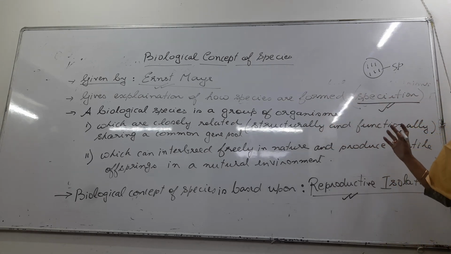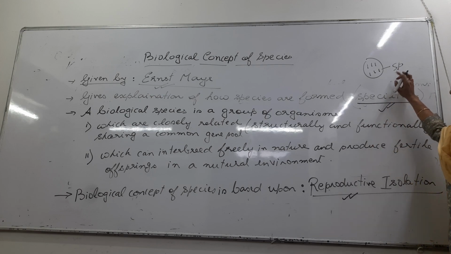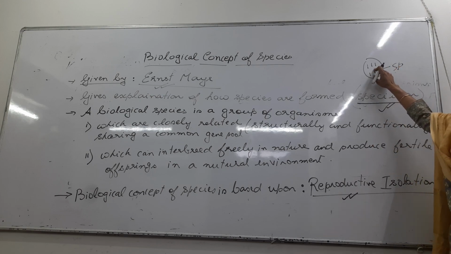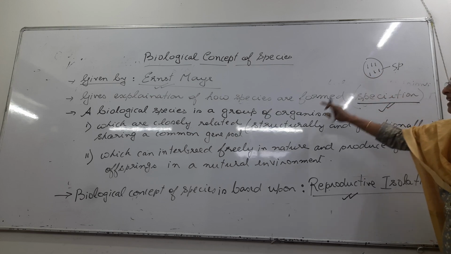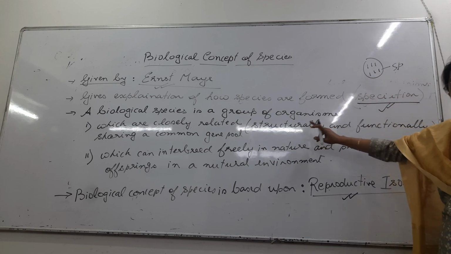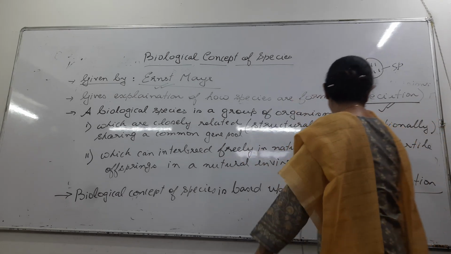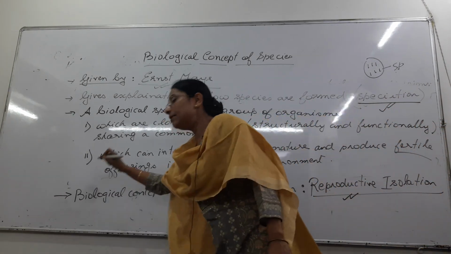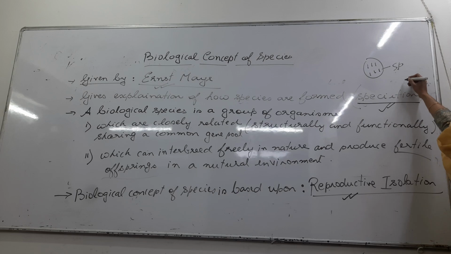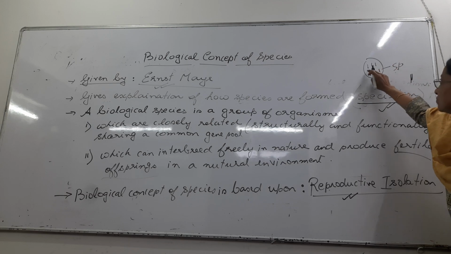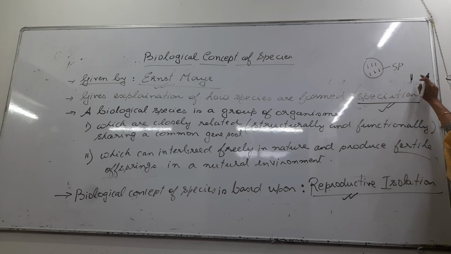But what did Ernest Mayr say? He said that if someone has to belong to this group called species, it should be naturally interbreeding, and plus it has to produce fertile offspring. Means what? Suppose we have one individual here and another one here. According to Ernest Mayr, if this one has to be included in this group, what characteristics are required?